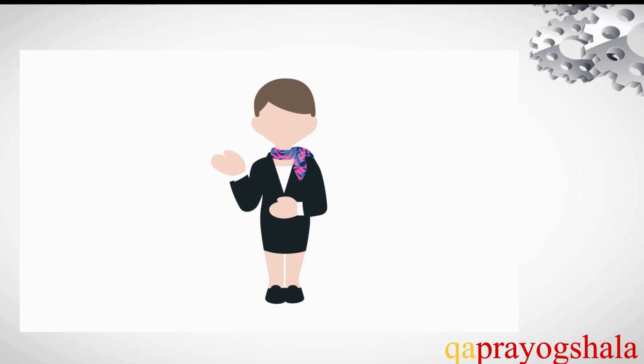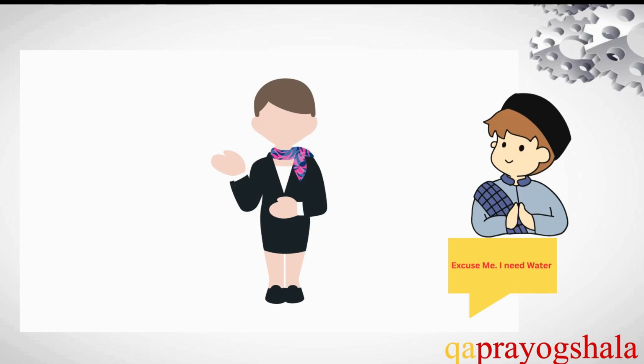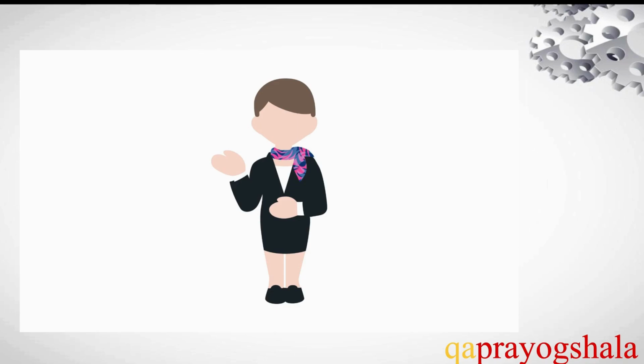So what you'll do is you'll call a flight attendant to your seat, and you'll request water from her. Based on this request, what the flight attendant will normally do is she will provide a service of delivering water at your seat wherever you are sitting.